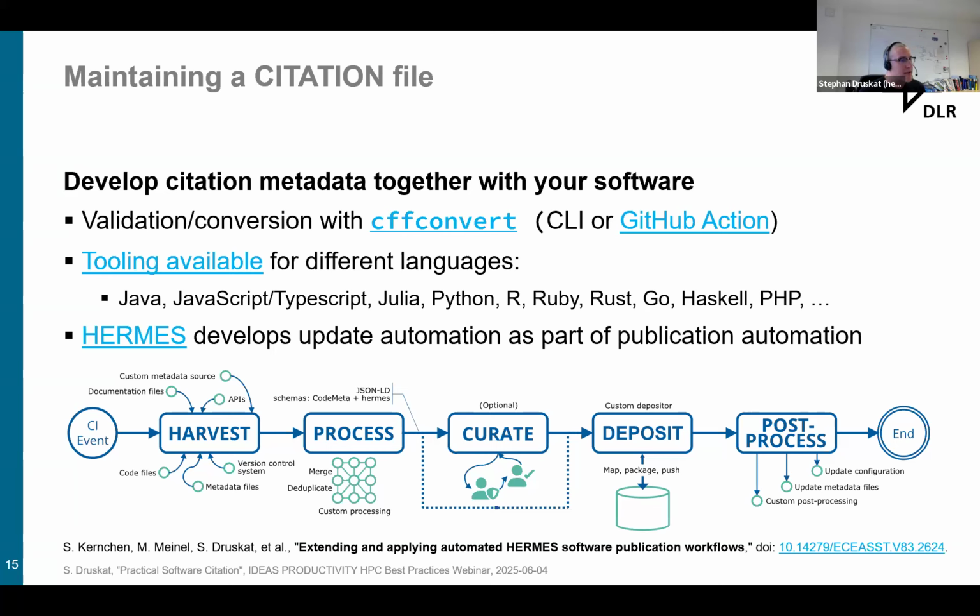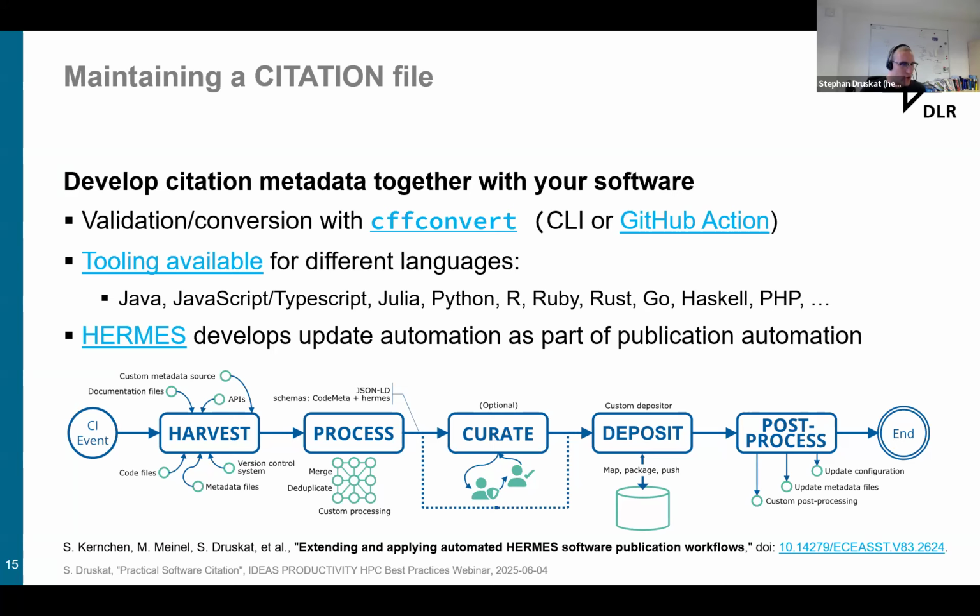I've already mentioned this at the very beginning. I'm currently involved in a project that develops an automated publication pipeline for software, which runs in the continuous integration pipeline if you use this, for example, to automate your testing. And this tool and this workflow can also be used to update your metadata automatically.